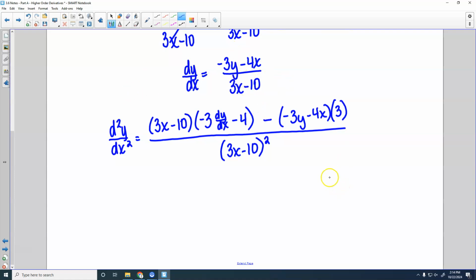But in this case, I probably would distribute here first and try to simplify anything I can before I worry about that dy/dx. Actually, I don't know. I might change my mind on that. If we go ahead and plug in our dy/dx right now. Let's just do this, okay? Here's why I want to change my mind on that.